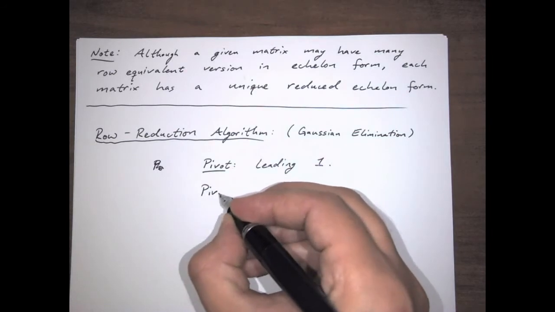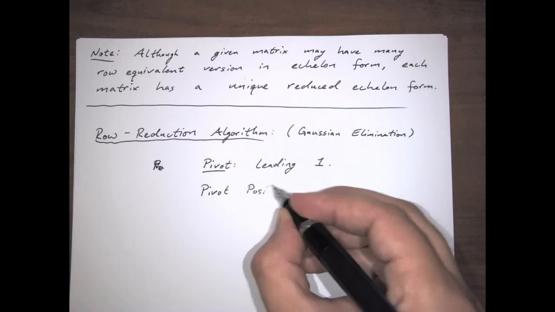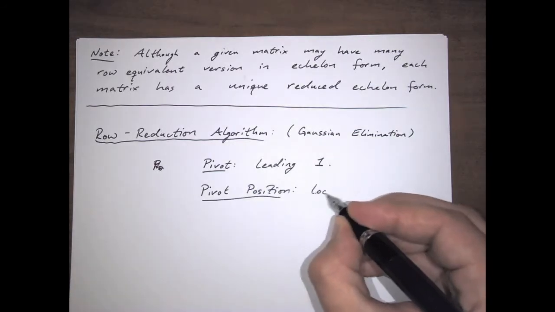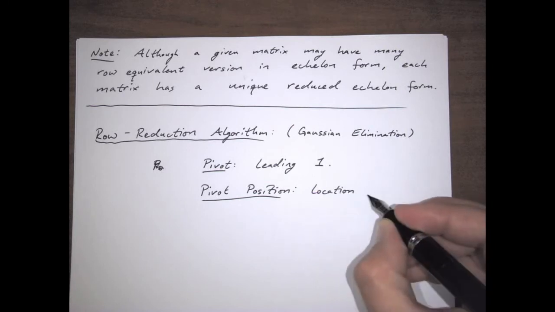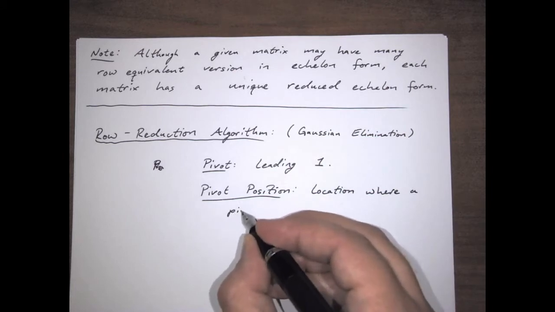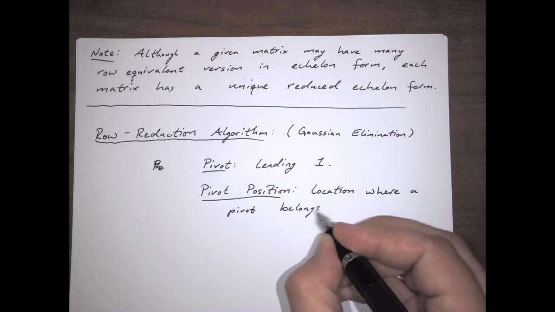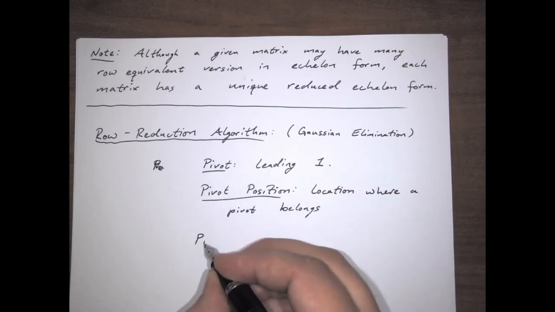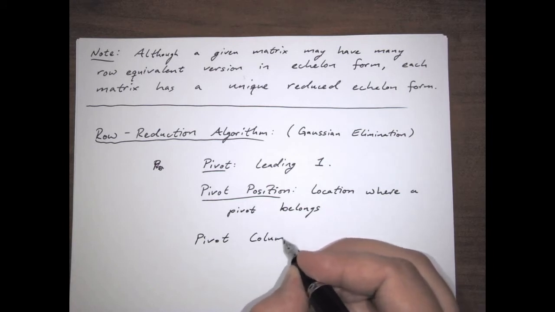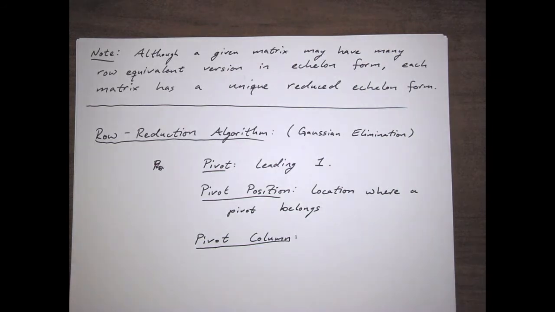Pivot position, so this is the location where a pivot belongs, and then there's a pivot column. So this is a column that contains a pivot.